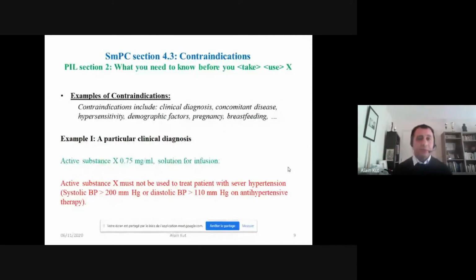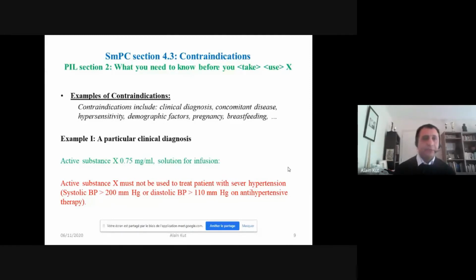An example of contraindication can include a clinical diagnosis or concomitant disease, such as hypersensitivity, or demographic factors.